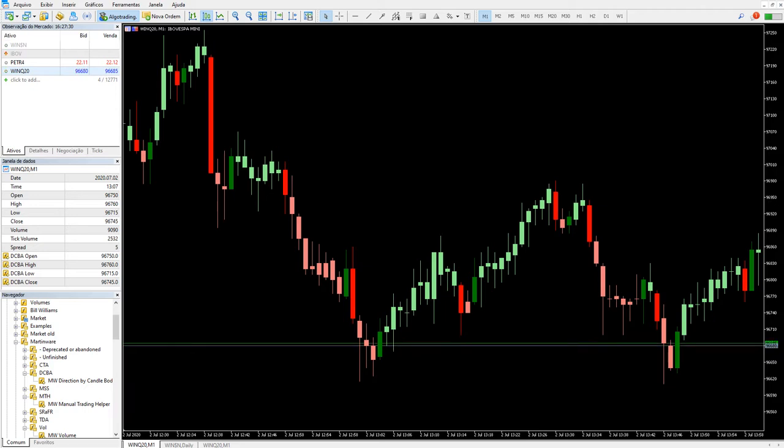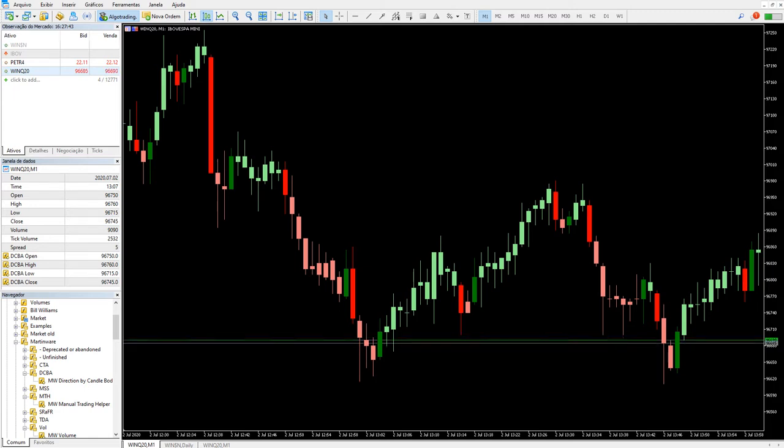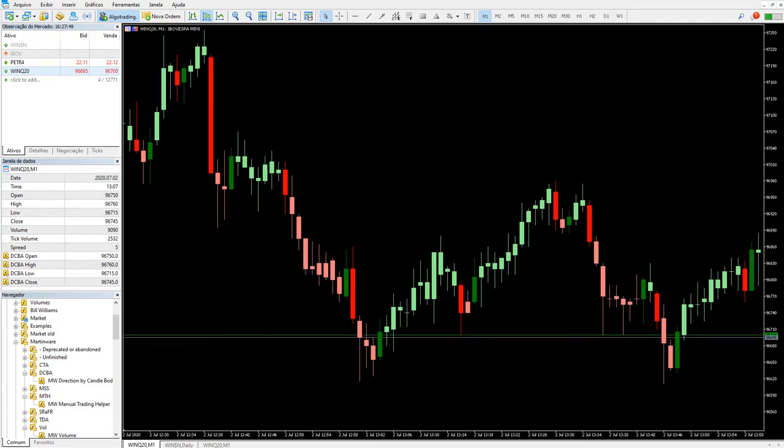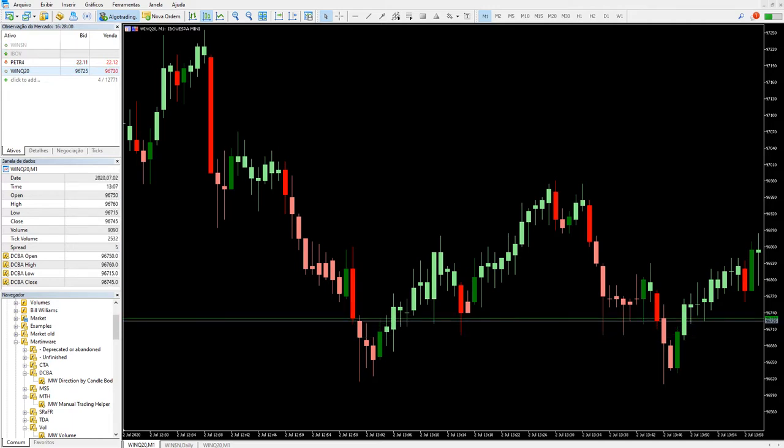But the essence of this indicator is that instead of using a mathematical formula such as the moving average, which is subject to problems such as overfitting and too much optimization, because there are too many parameters to calculate, the period, the shift, and so forth, this indicator instead uses the candle body.